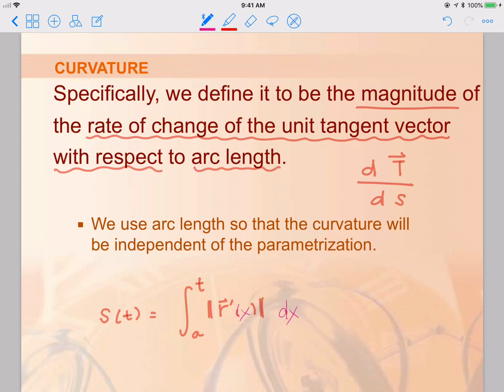Okay, notice we use arc length. Why do we use arc length? So that when we are defining curvature, it is independent of the parametrization. Remember, arc length doesn't depend on parametrization, but if you didn't define curvature on arc length, but on another quantity, it could be that changing the parametrization would change the curvature.